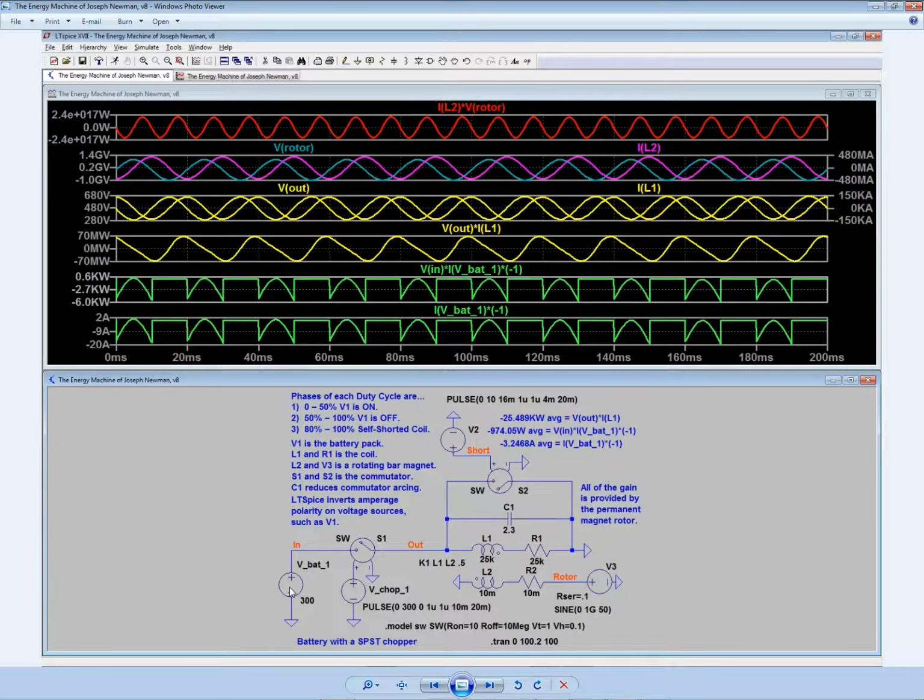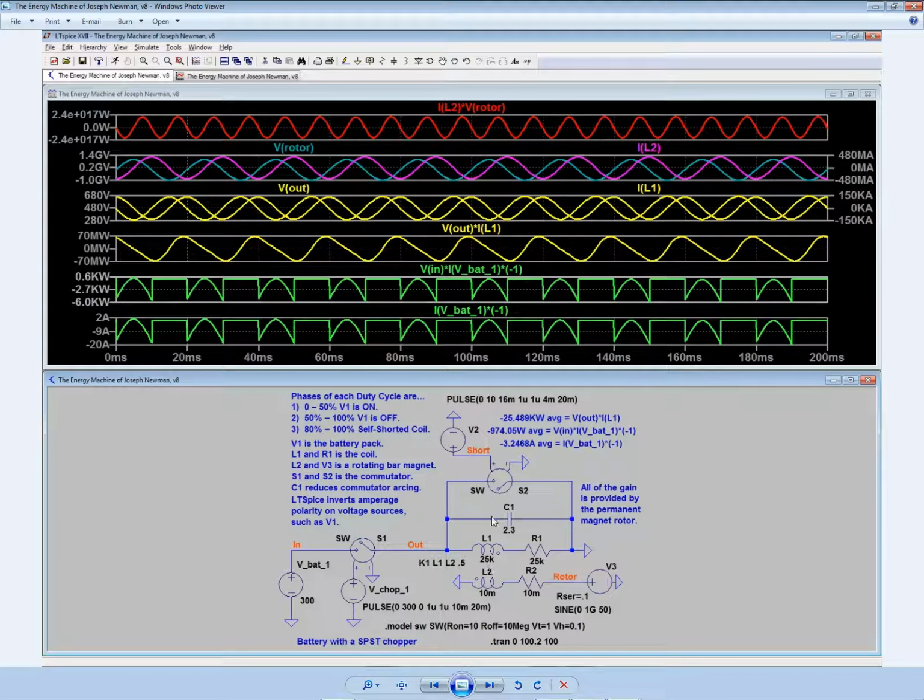And all of this data points to the fact that all of the gain is provided by the permanent magnet rotor. It's not coming from the ether, it's not coming from the copper atoms. True, you have to have a lot of copper here to pick up the rotating magnetic field and process it efficiently, and not let it go to waste.